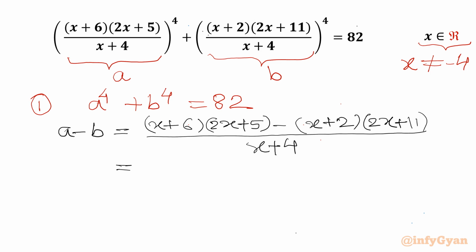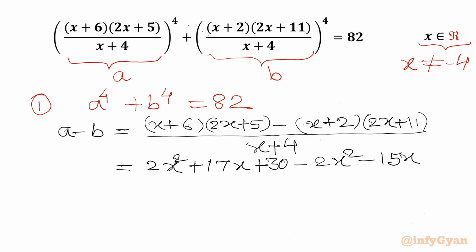Let's expand. So this will become 2x² + 5x + 12x, 17x + 30, with minus sign, 2x² + 11x + 4x, 15x + 22, with negative sign, divided by x + 4.